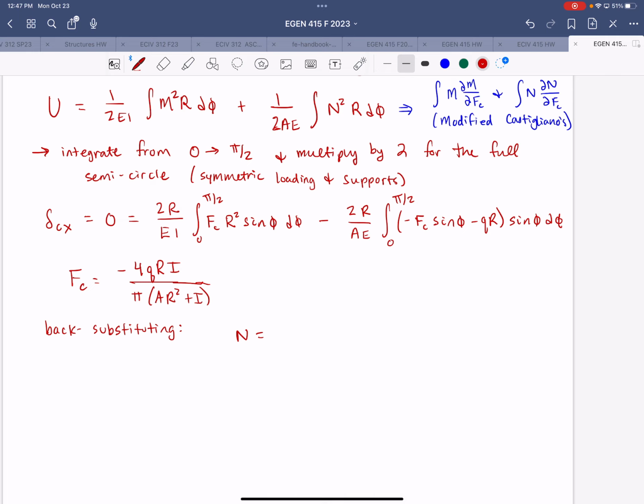So we get n is equal to negative qR plus 4qRI in the numerator. Denominator has the same, pi times quantity A R squared plus I. And then that's all multiplied by sine of phi.